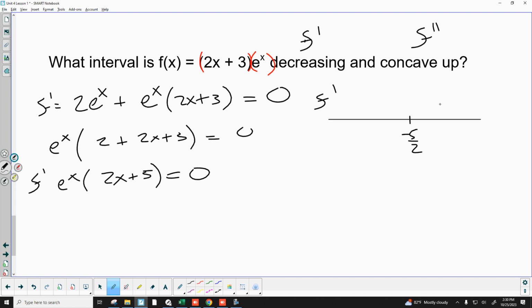We can figure out that f is decreasing to the left of negative 5/2. Hooray. But now we need to answer about concavity. We don't get concavity unless we have our second derivative. Cood, I can't believe your phone is on that table. Yeah, it definitely is not meant to be on the table. That's right.